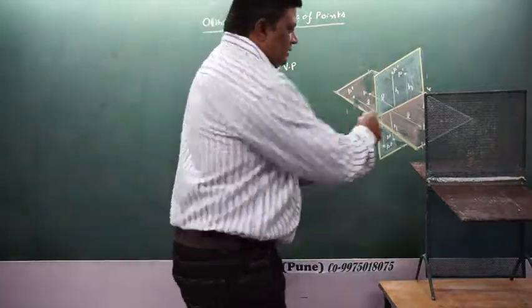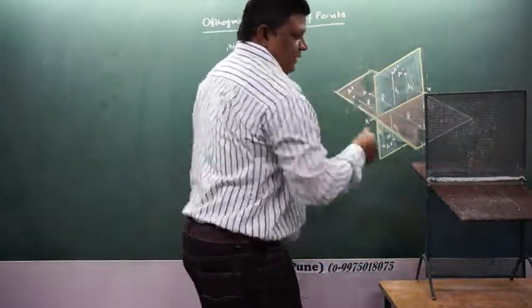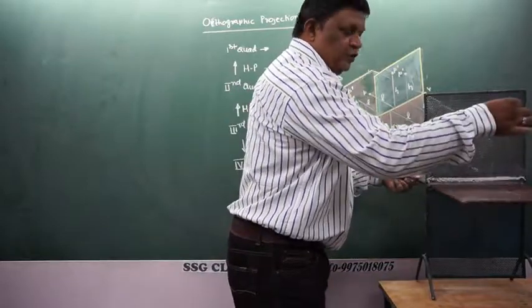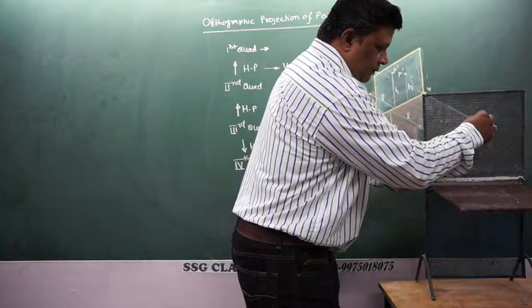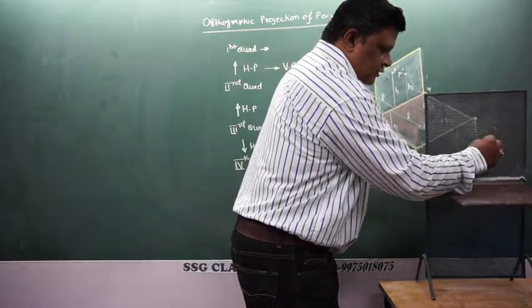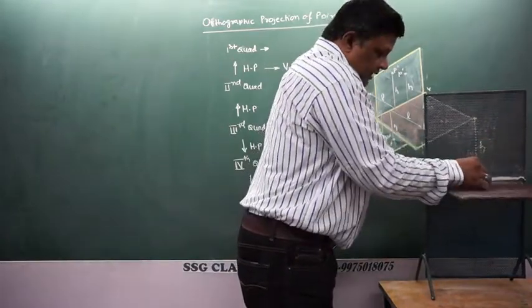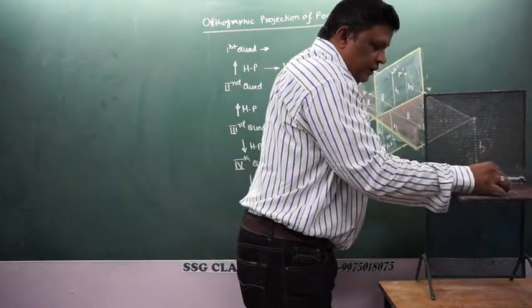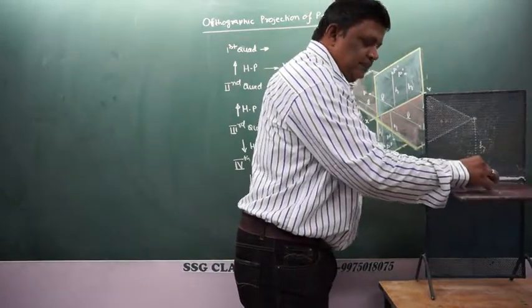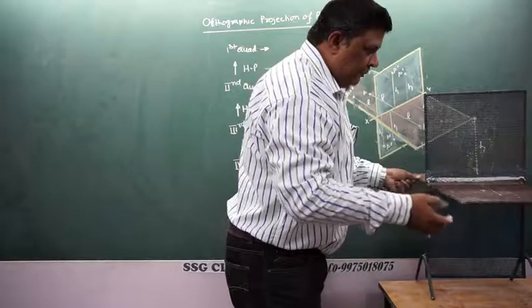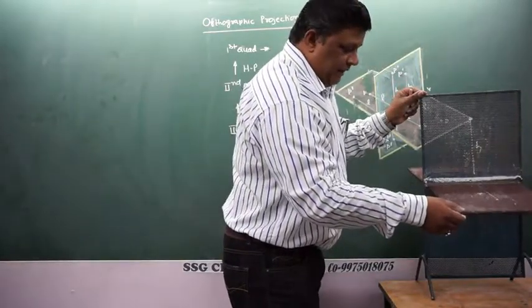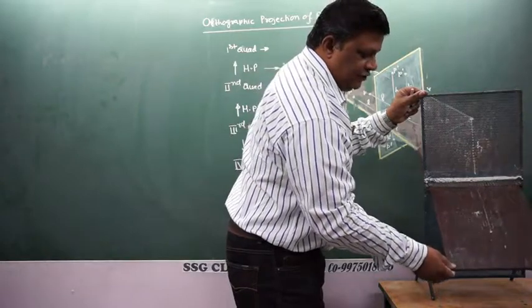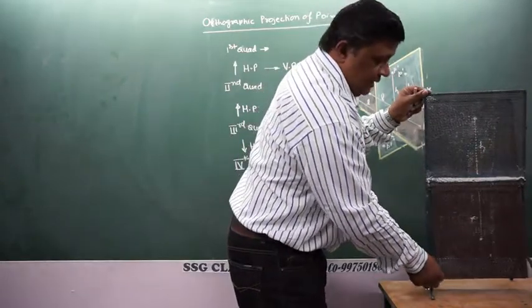For example, this distance which was above HP, you were able to see it on VP like this. This was H, and from VP you were able to see it out here. This was L. Now to bring it into 2 dimensions, I'll keep VP constant and rotate HP in the clockwise direction like this.